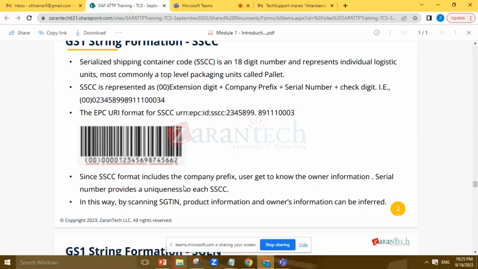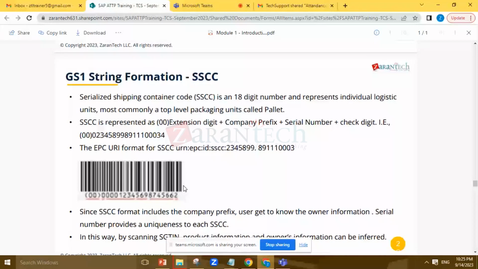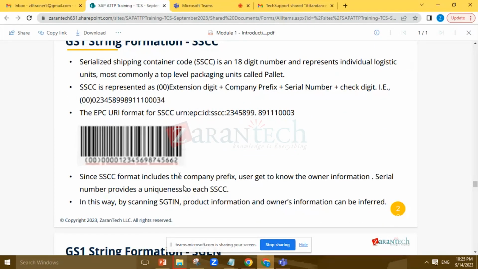Then SSCC comes in, because SSCC is an identifier as well as a part of the hierarchy. It is a kind of barcode fixed on the pallet. When the warehouse person scans it, he will get these 18 numbers, and ATTP has all the mechanisms to decode them: this is the company prefix, this is the serial number, and so on.